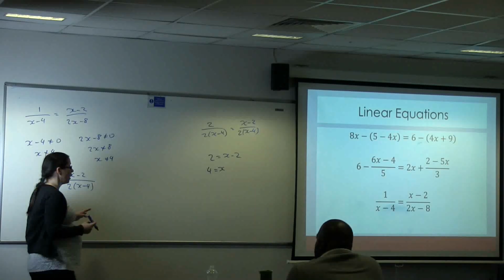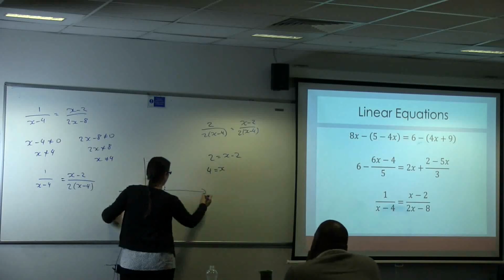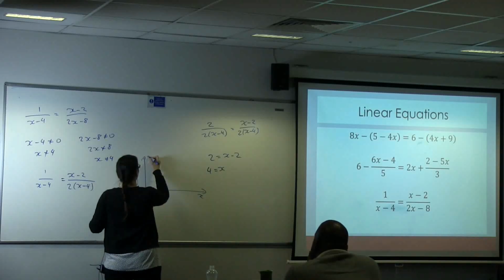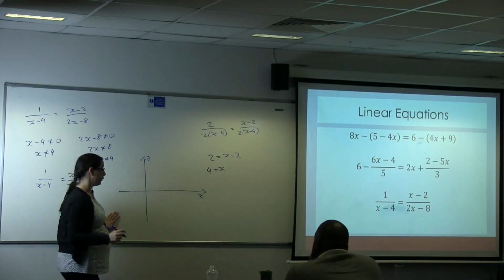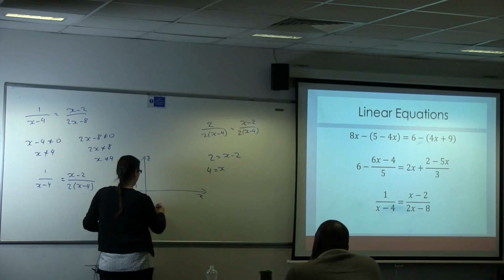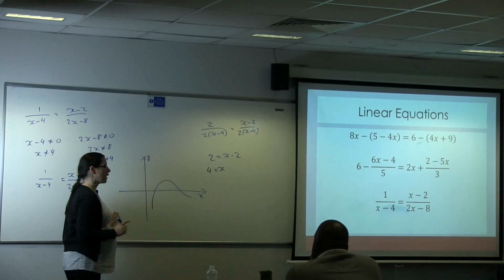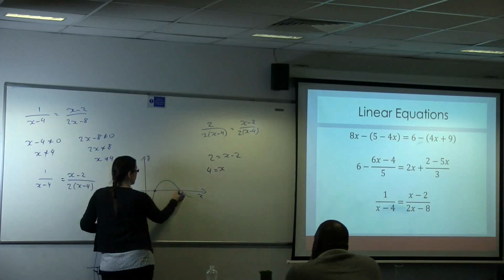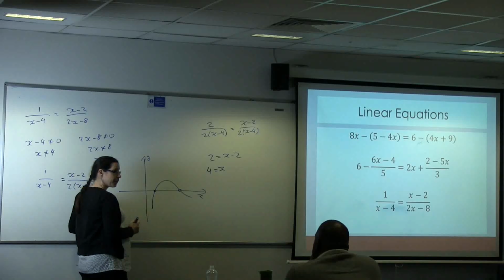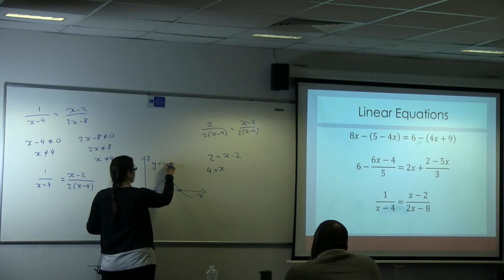Because when you have got a function, any kind of function, let's draw some funky function, something like this. This function would have two solutions. Solution 1 would be this, and solution 2 would be this. Because that is when you have got y equals 0.